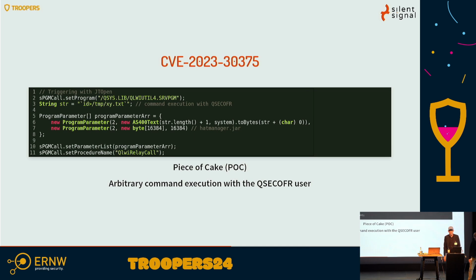This is the relevant part of the exploit based on the JTOpen library. The proper parameter convention is extracted from the healthmanager.jar. This is too easy, isn't it? I didn't believe it until I saw the created test file owned by QSECOFR.